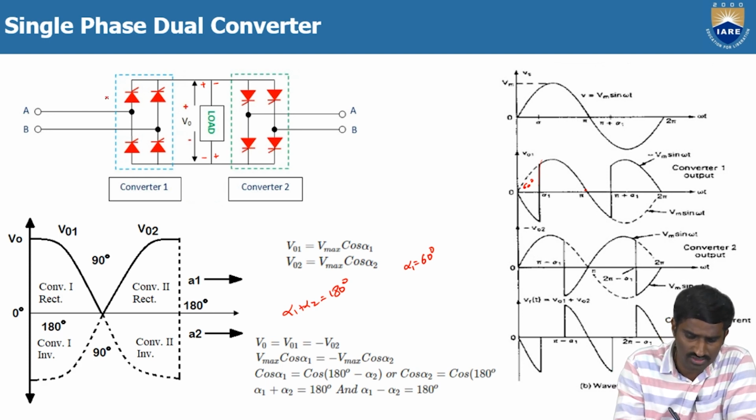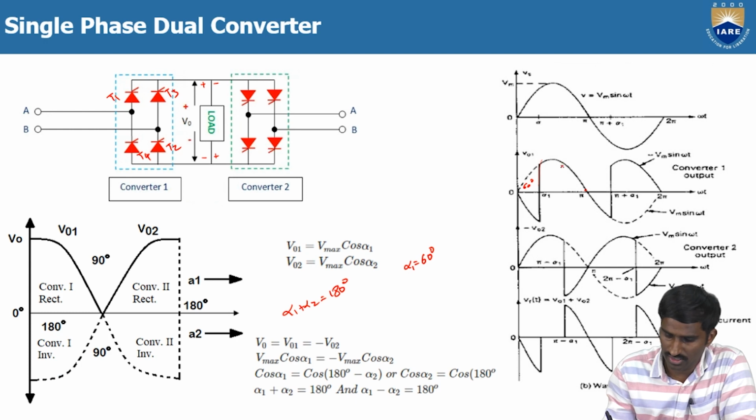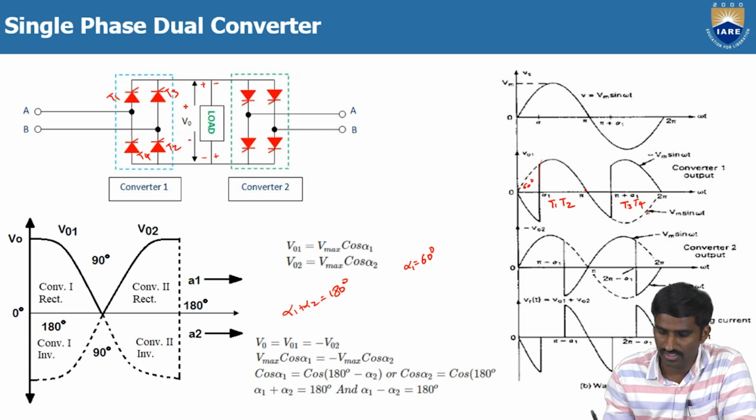Let me consider this is T1, T2, T3 and T4. T1 and T2 will conduct, and then T3 and T4 will conduct. During T1 and T2 you get the output voltage waveform like that, and during T3 and T4 you get the output voltage waveform like this.